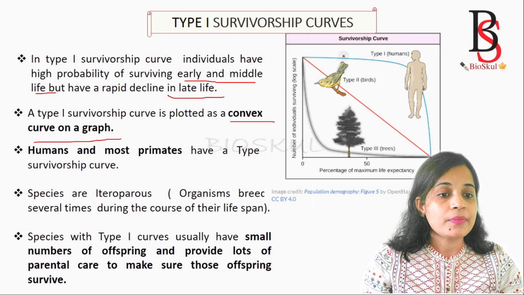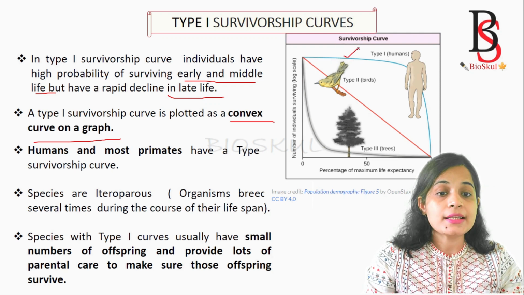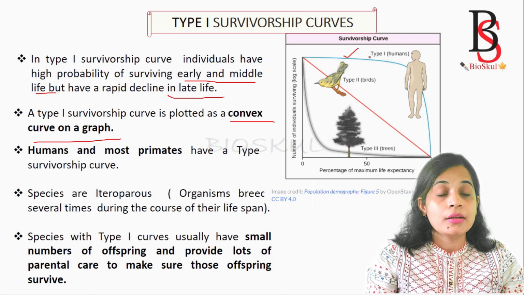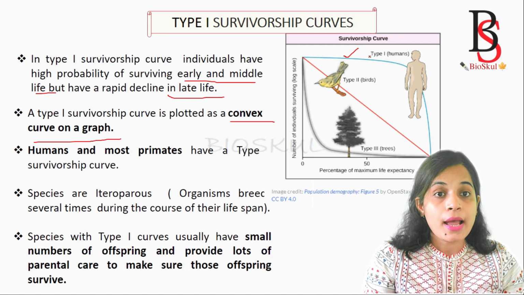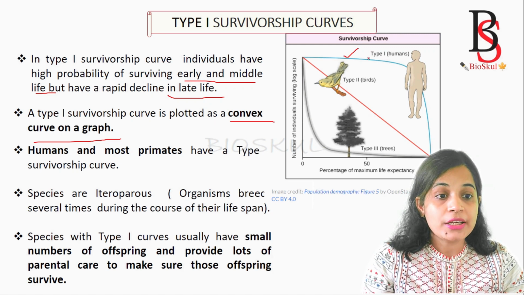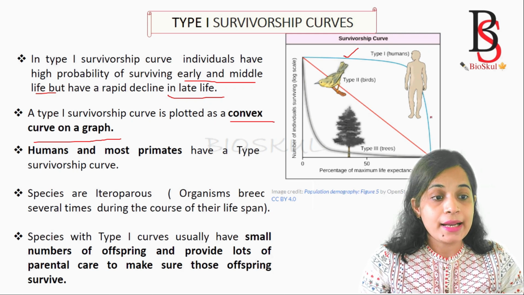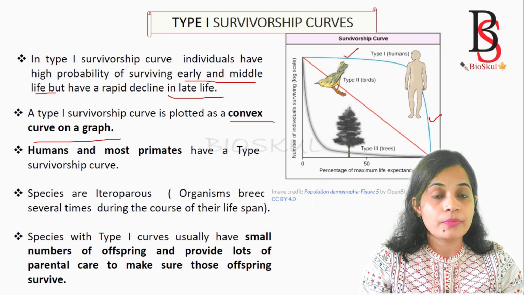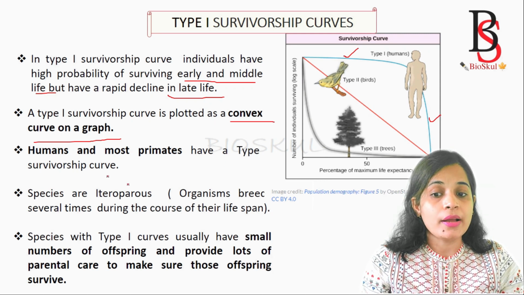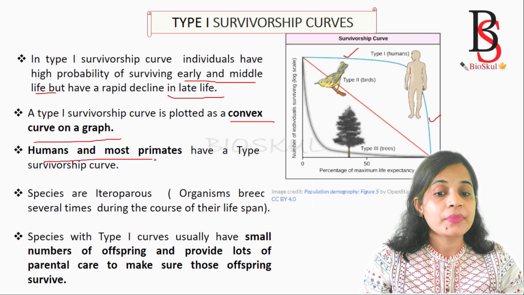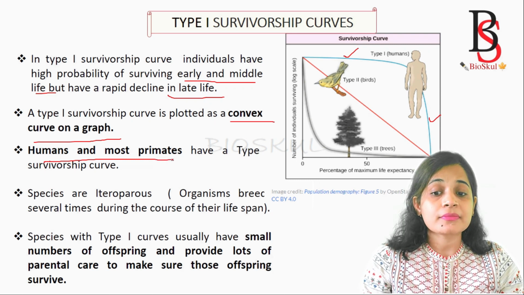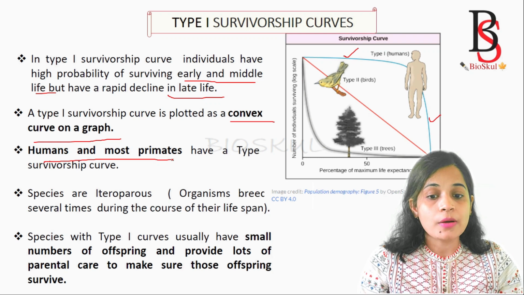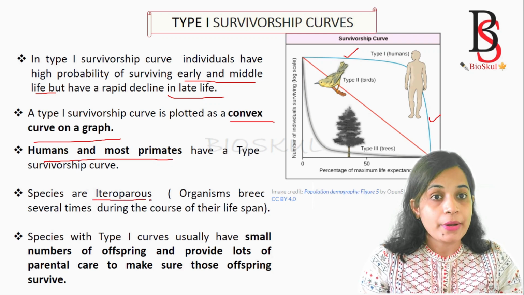Here you can see the blue one, it represents the type 1 survivorship curve, where the individuals have high mortality rate at late life, and it forms the convex curve. This type of curve is shown mostly by humans and primates. The species of type 1 survivorship curves are Heteroparous.